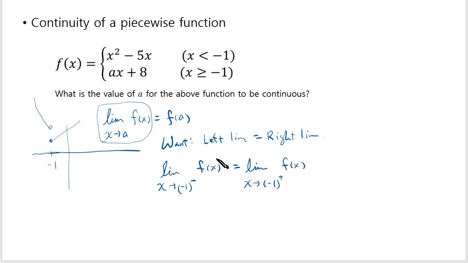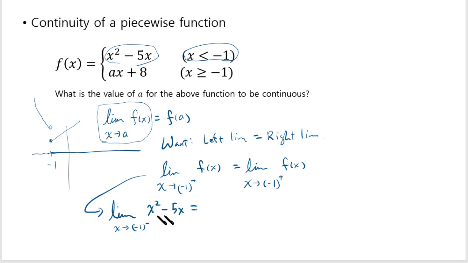Now the left limit, this is when x is less than -1, so you should be using this. So the left limit is the limit as x goes to -1 minus of x squared minus 5x. And in this case, there's no problem with just plugging this value in. So -1 goes here, -1 squared is +1, -1 times -5 is +5, so you end up with a 6.